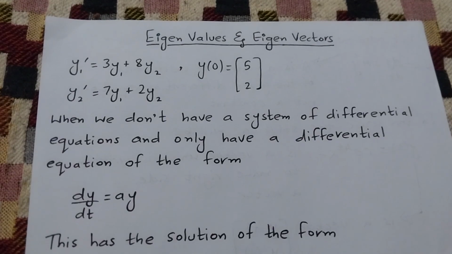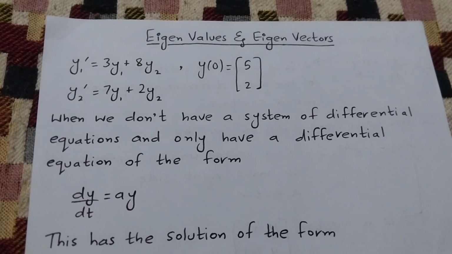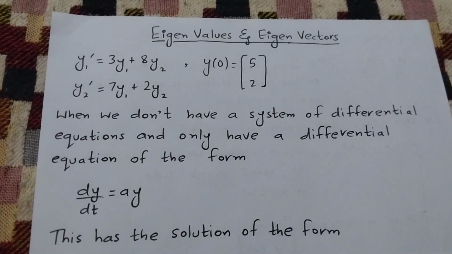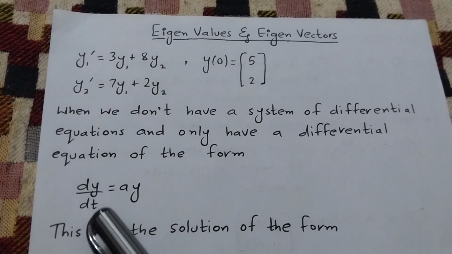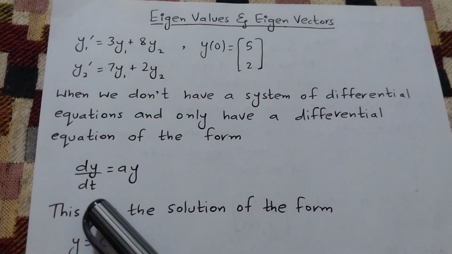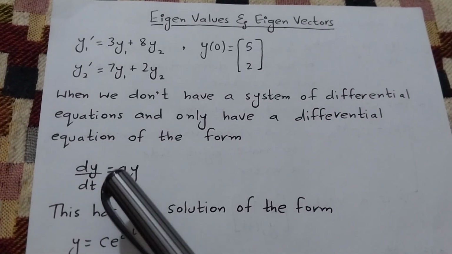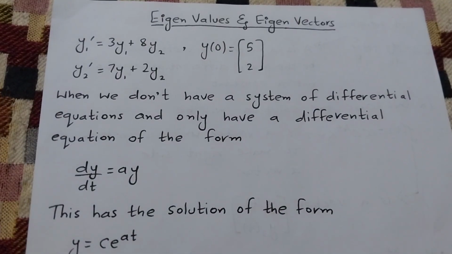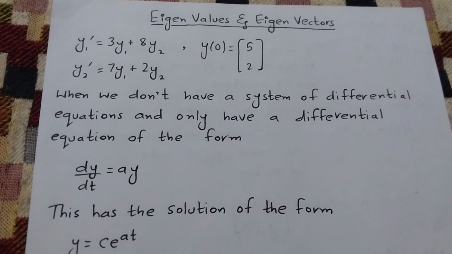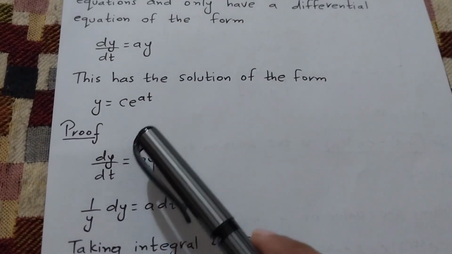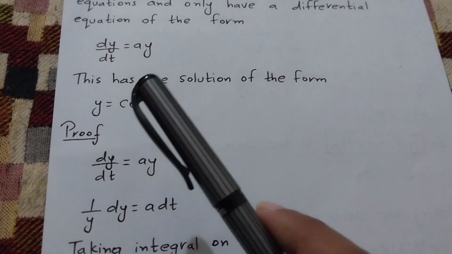So if we would have been given just this particular equation, dy over dt is equal to ay, and we had to solve just this particular differential equation, not a system, that would have been easy, and the solution of this differential equation would have been y is equal to c into e raised to power at.